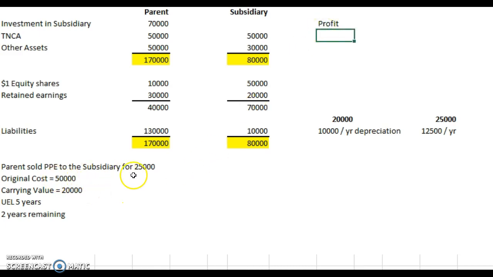Well, it's sold for $25,000, and the carrying value was 20. So this is a very simple calculation. Profit equals 25,000 minus the carrying value equals $5,000. Simple enough. Let's make a note of that.